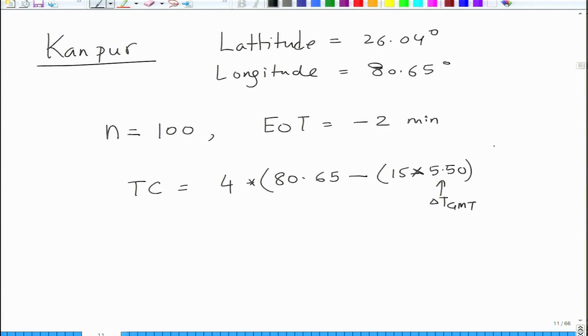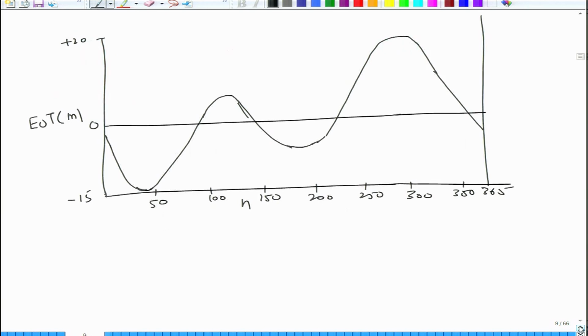Similarly, the sun would set later in Rajasthan than it would set in Arunachal Pradesh. So because of these local variations in longitude values, you need to correct the time.